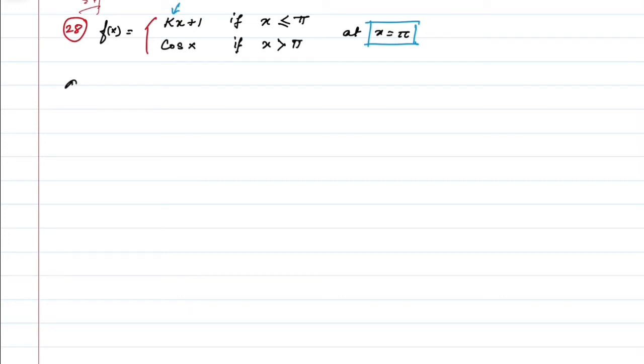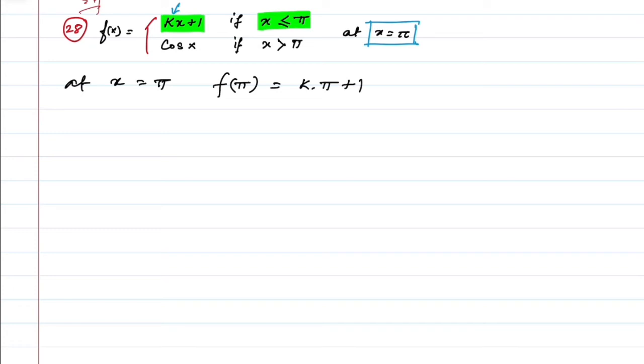So at x equal to pi, f of pi, for x less than or equal to pi, we have kx plus 1, isn't it? So it will be k into pi plus 1, that is k pi plus 1.